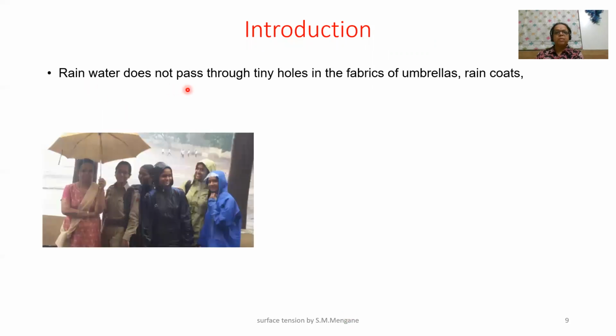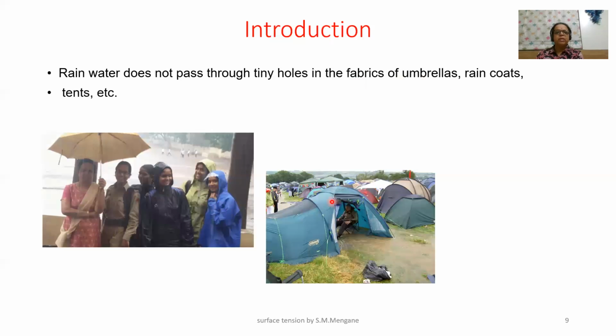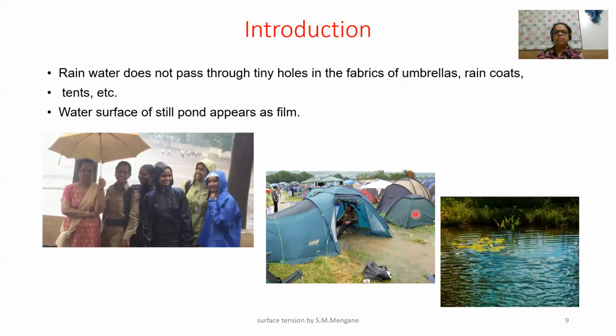Rainwater does not pass through tiny holes in the fabric of umbrellas, raincoats, tents, etc. The water surface of a still pond appears as a film.